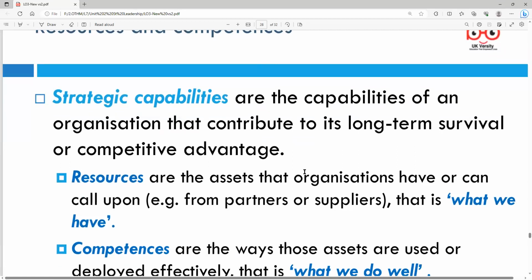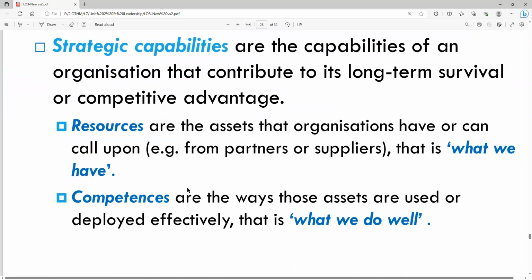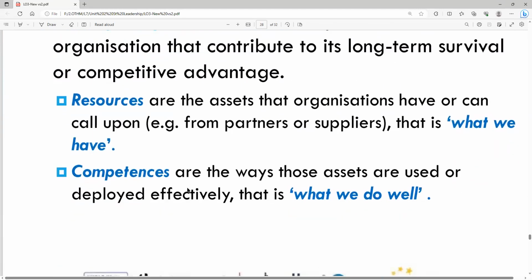These are the capabilities of an organization which contribute to the long-term survival of the organization in terms of being competitive, in terms of being competent, in terms of using the resources efficiently again, and what we have and what we are capable, and how can we use our assets, and how we can become better in terms of competing with our suppliers, in terms of partners, or using their resources to stay competitive, in other words.